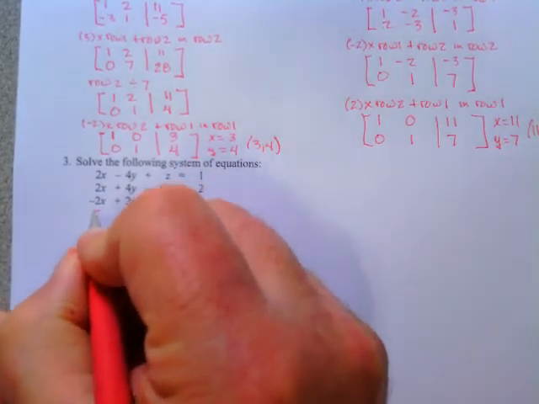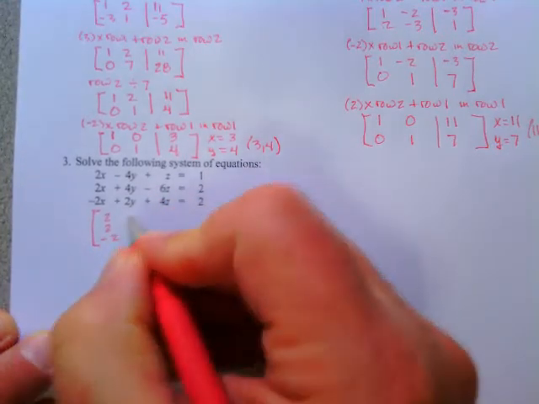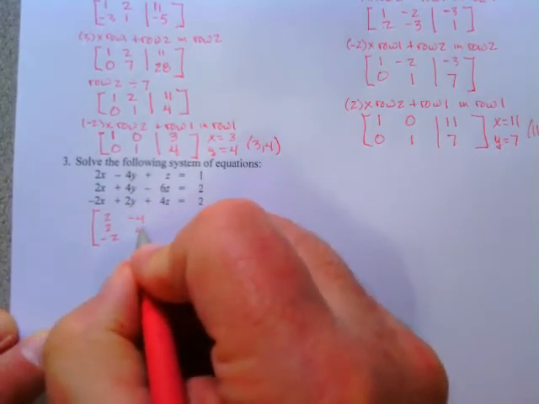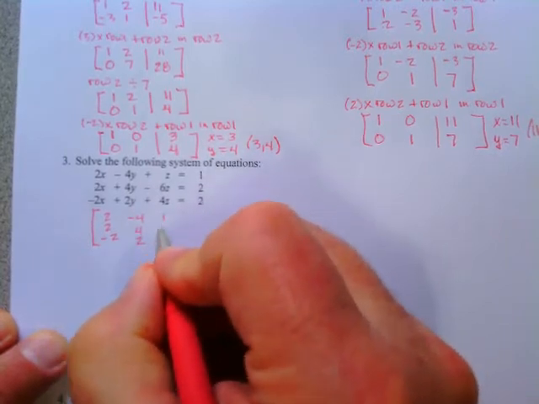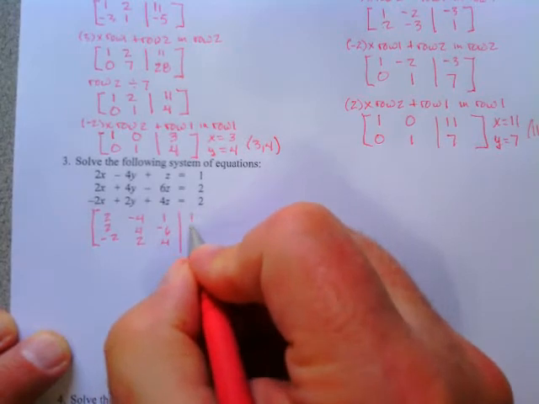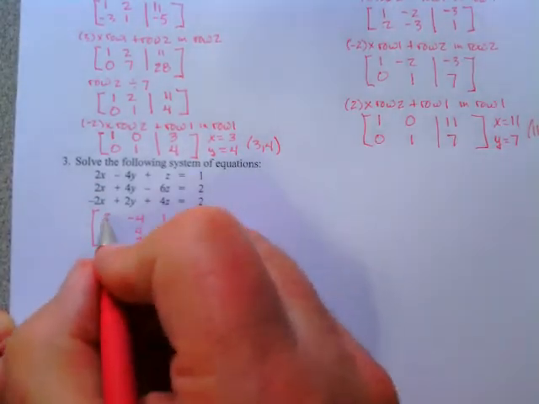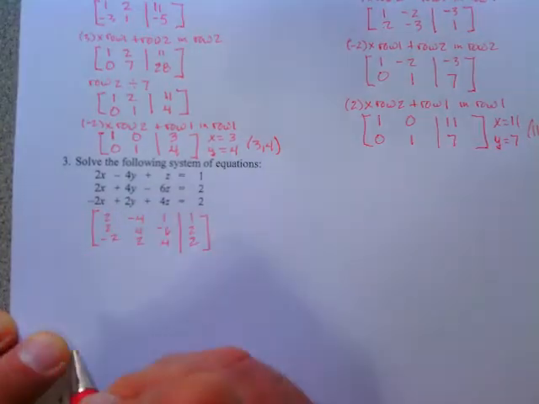So we have 2, 2, negative 2, negative 4, 4, 2, 1, negative 6, 4, 1, 2, 2. So I want a 1 there.